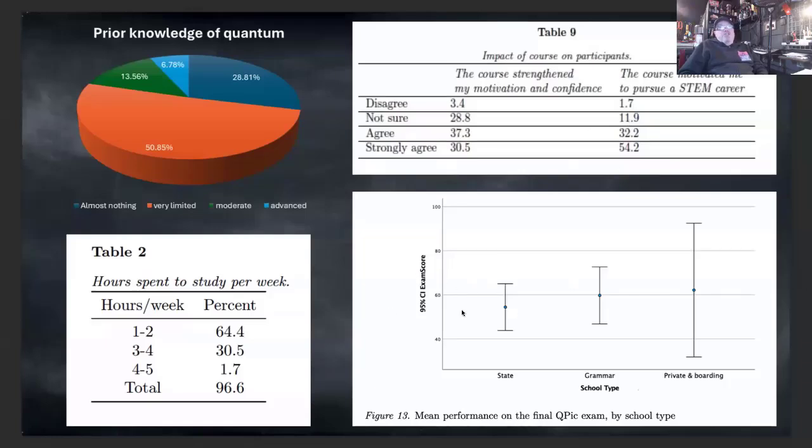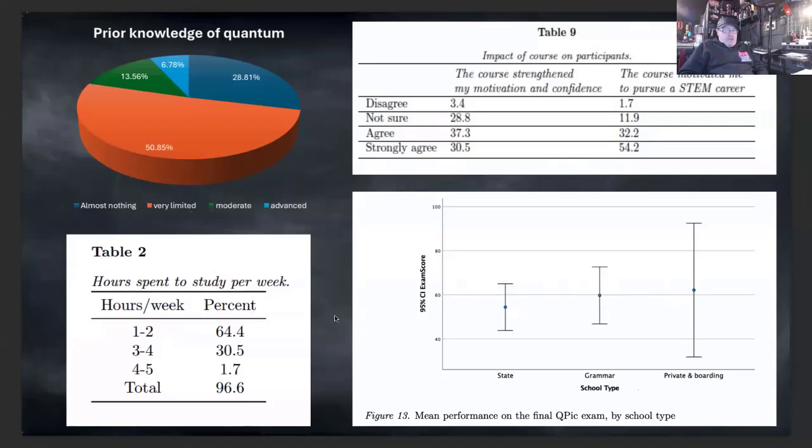It didn't depend on which schools, because in the UK there are different school systems, private schools, state schools. There was really no difference in the marks between the different schools, which is a nice thing to see. And the amount of time the students spent wasn't much, typically between 1 and 4 hours per week for these 8 weeks, which is not much at all.